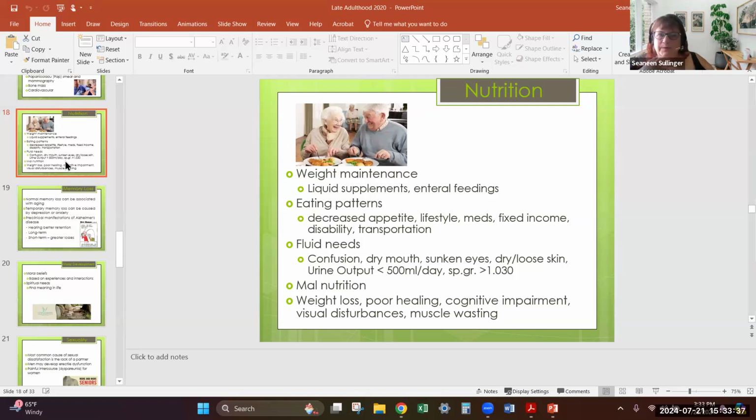They can't swallow, things like that, and so they might need other ways and other types of food to eat to keep their nutrition. So you could see weight loss. You'll see poor skin healing, muscle wasting, and then we want to make sure, hopefully, that we can keep their fluids up. And that's really hard because they forget to drink something, even if you put the glass there in front of them. So you have to constantly remind or help them to drink.